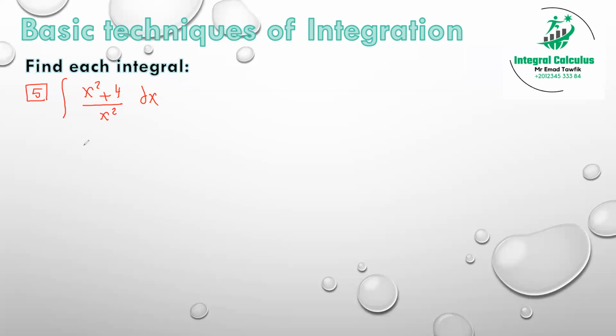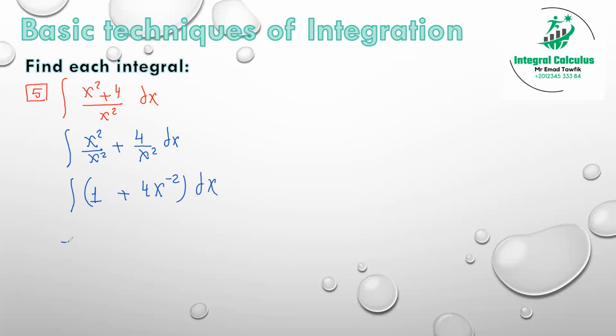So I'm going to integrate x squared over x squared plus 4 over x squared, dx. X squared over x squared is 1, so the integration of 1 plus 4 over x squared, which can be written as 4x to the power of negative 2, dx.